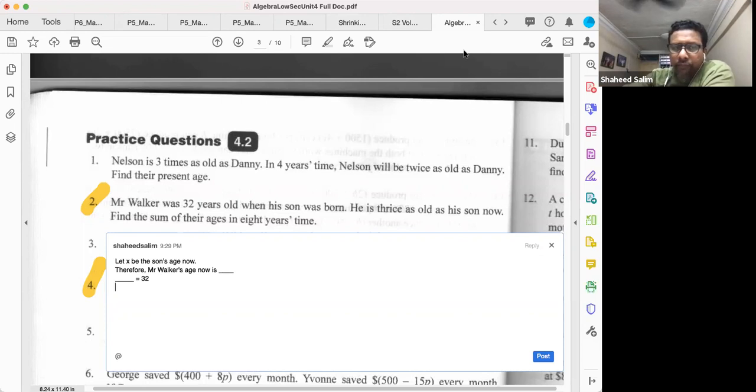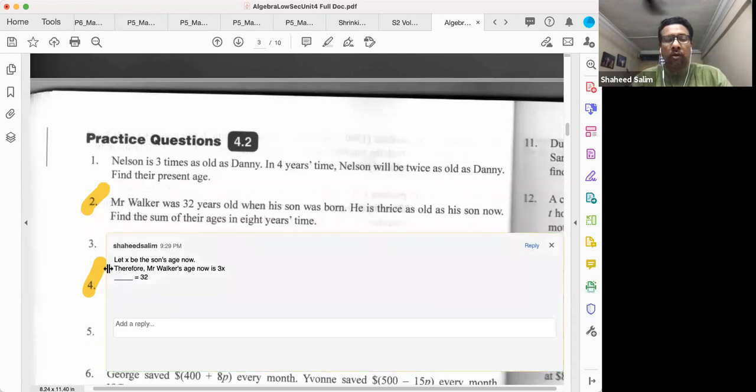Then you can solve really. Now, Mr. Walker's age now is 3x, right? Because it's twice, right? The difference between, so now when the son was just born, Mr. X will be what? 3x minus x will be 2x.